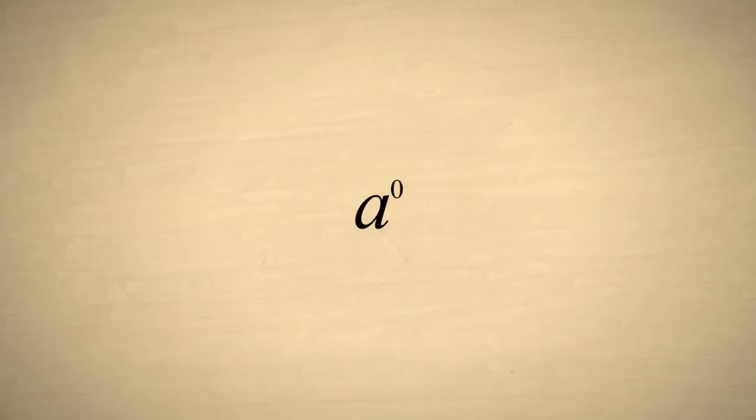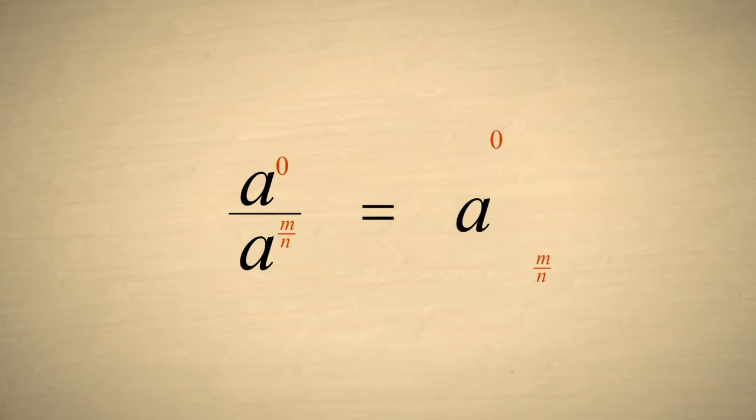If we take a non-zero number, a raised to the 0 power, and divide it by the same number with a rational exponent m over n, we subtract the exponents, so the result will have an exponent of negative m over n. Since a to the 0 power is equal to 1, this tells us that any number with a negative rational exponent is equivalent to 1 over that number with the same positive rational exponent.